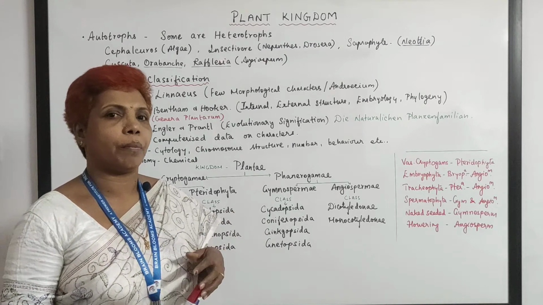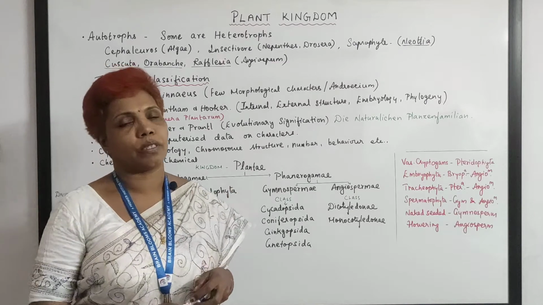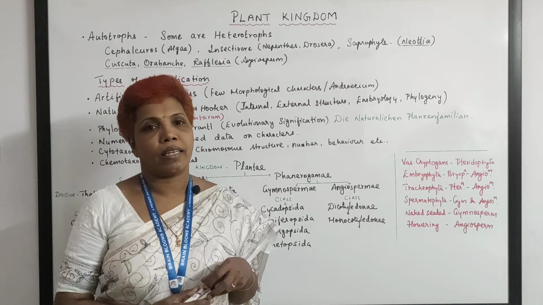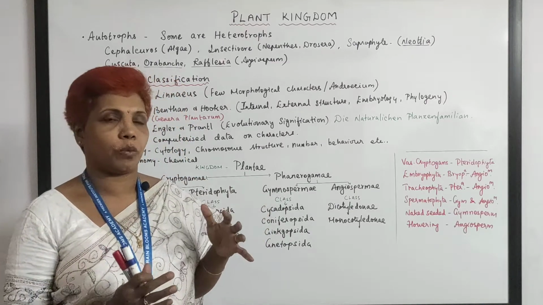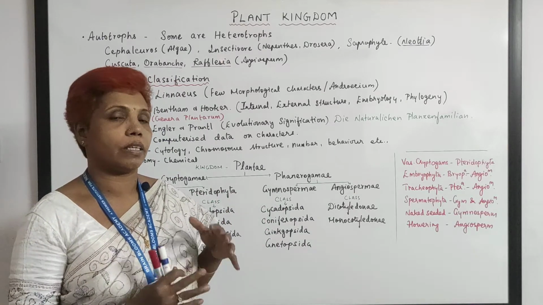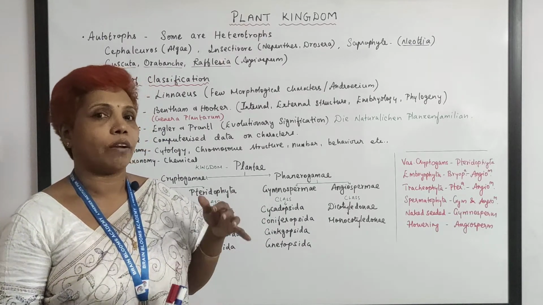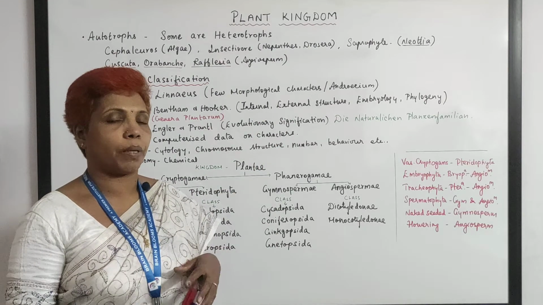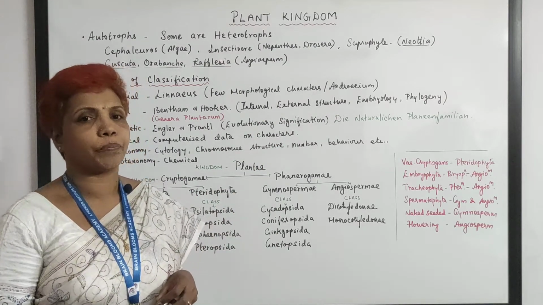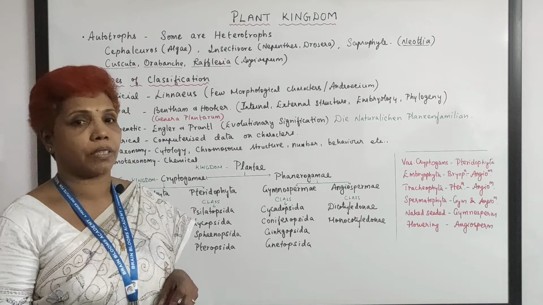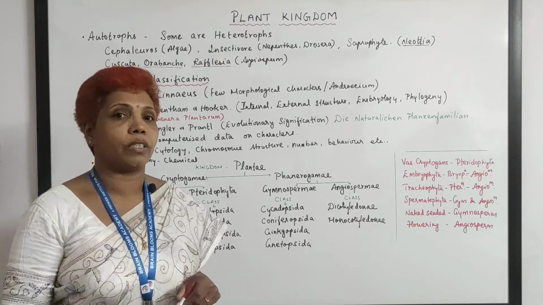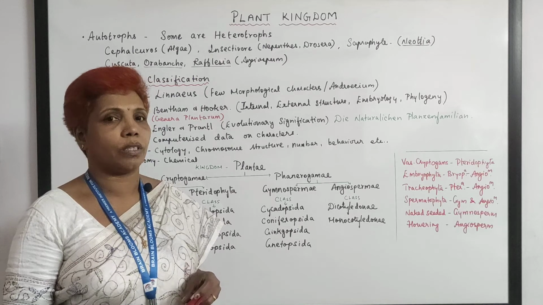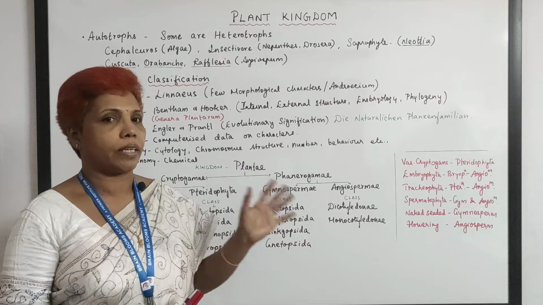Later on, Bentham and Hooker came with a natural system of classification, and they have taken many characters, many external morphology and anatomical characters, and a few phylogeny, and then some embryological aspects. Everything has been added in Bentham and Hooker classification. And they wrote a book, Genera Plantarum, also. In that they mention the characters.